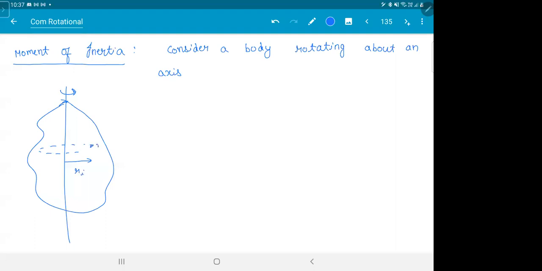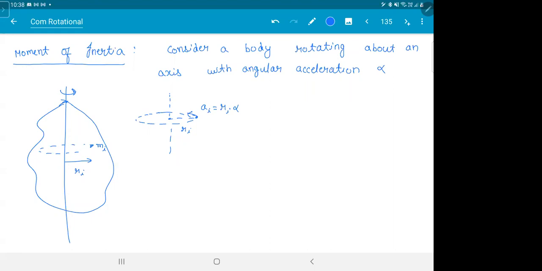This is Ri. This is Mi. It's rotating about the axis with angular acceleration alpha. So this is having an acceleration, Ai is Ri alpha.